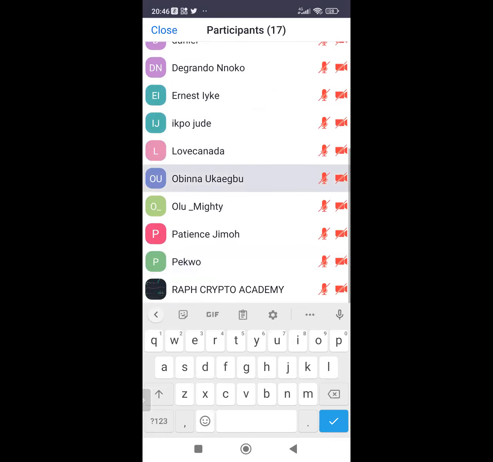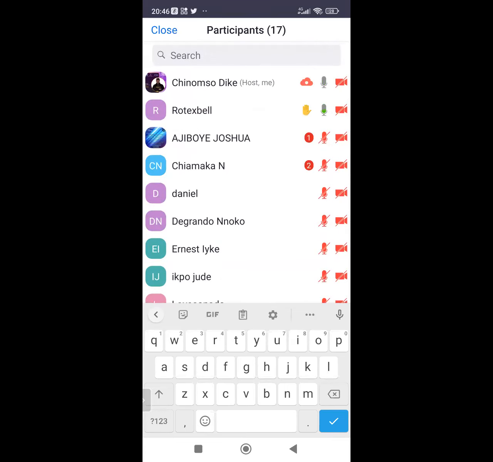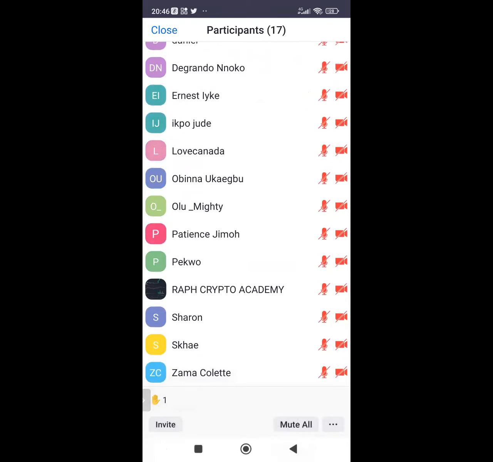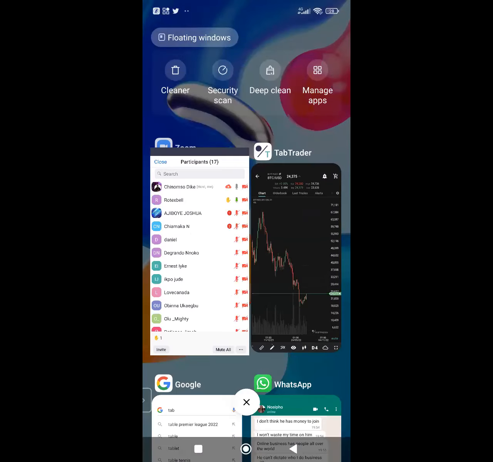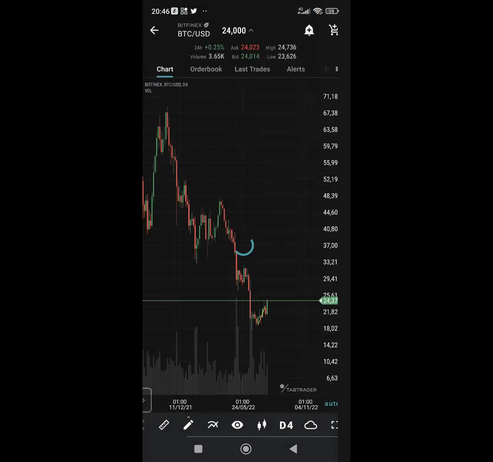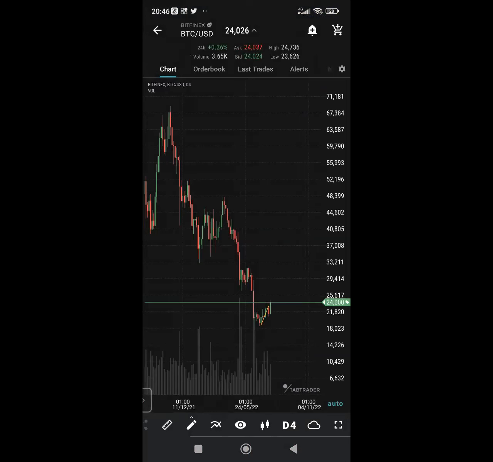I want to start from the portfolio management. I believe that in the course of the training, we will still be acquainted with some key factors that we need to put into consideration in this area of portfolio management.